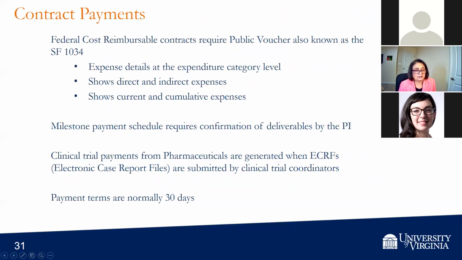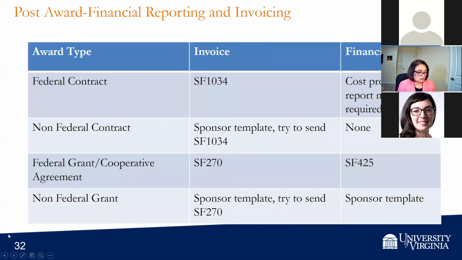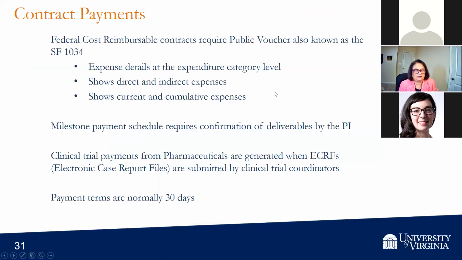Now, contract payments, however, are based on public voucher or standard form 1034. Sometimes the federal agencies ask us to use standard form 1035, which is very similar to 1034. But in that invoice, we have to provide expense details at the expenditure category level. So we have to say salaries, benefits, equipment, travel.